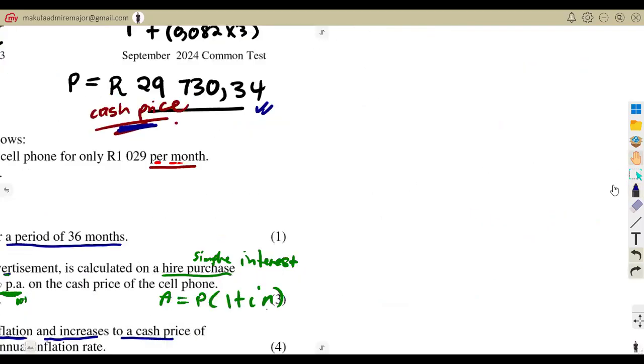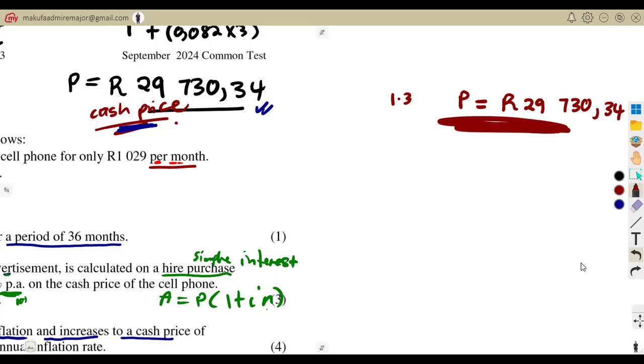I want you to understand this. That's 1.3. So you're going to take it like this. You are given the principal amount. They are saying take that one because that is the cost of the cell phone, the price of the cell phone. The cost price. This cell phone is subjected to inflation.